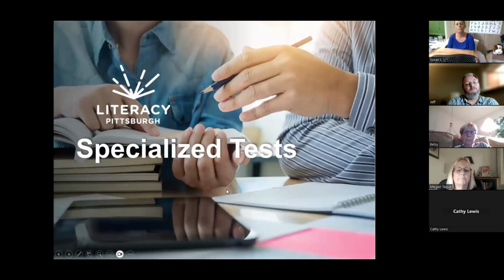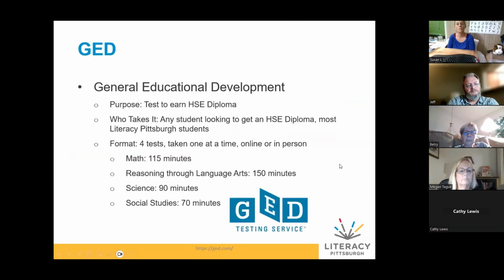All right. So we have some specialized tests that some of our students will study for. The first is the GED, which stands for General Educational Development. GED Testing Service is a company, and they produce a high school equivalency test. So this test is to earn a high school equivalency diploma.